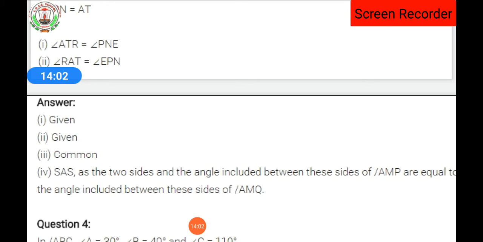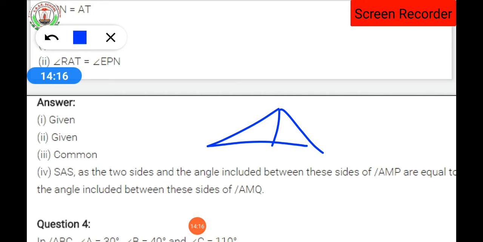For the first and second, it is already marked in the figure, so that's why it is written "given" for both the first and second part. And in the third part it is said that it is common. The two triangles you can see in your book like this, ABM and ACM.